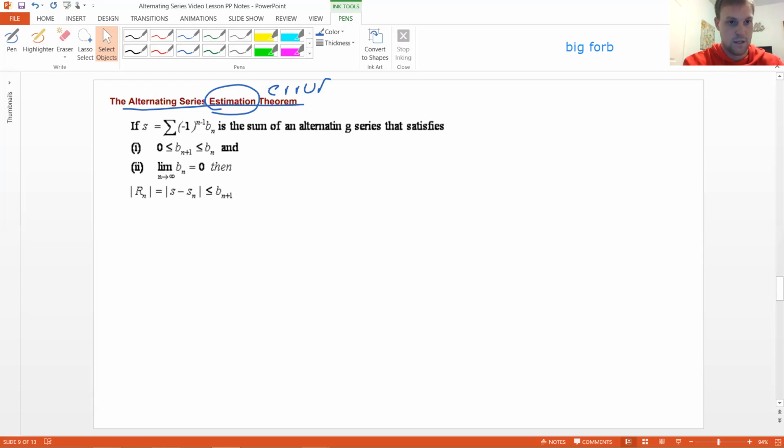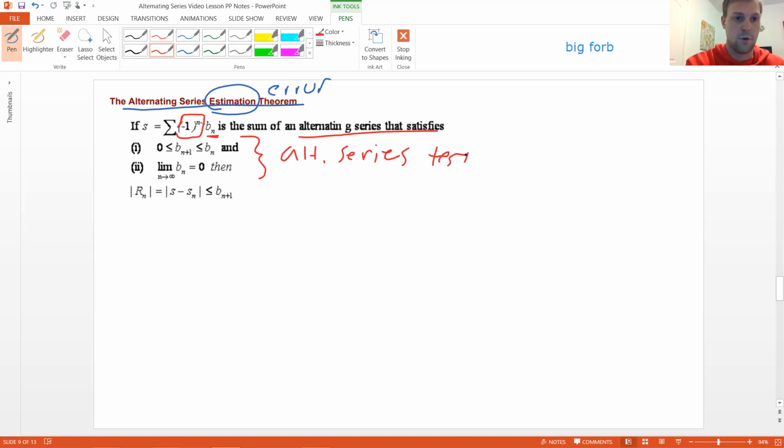So first off, it says if our series is the sum of (-1)^(n-1) b sub n. So basically, if we have that alternating series piece, and say I used b sub n instead of a sub n for some reason, but I said that is the sum of an alternating series that satisfies these 2 conditions. And these 2 conditions are the alternating series test.